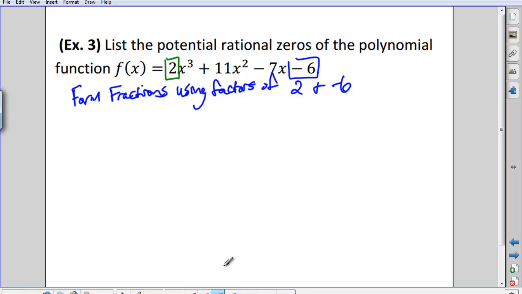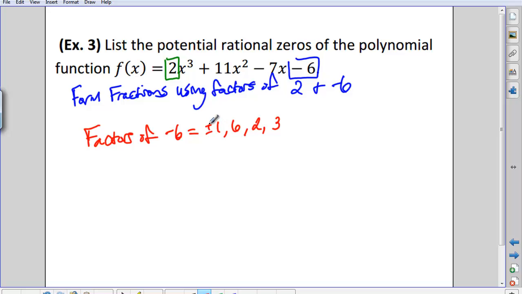So first, what are the factors of, let's do -6. What numbers divide evenly into -6? We could have 1 times 6, and then we could also have 2 times 3, right? 1 and 6 and 2 and 3 are all factors of 6, or of -6.